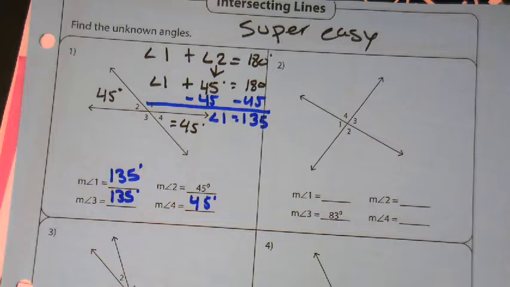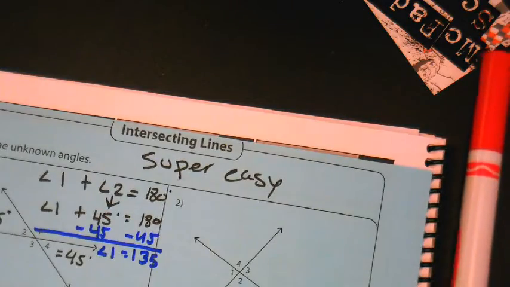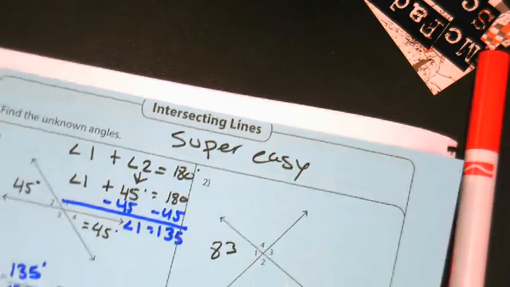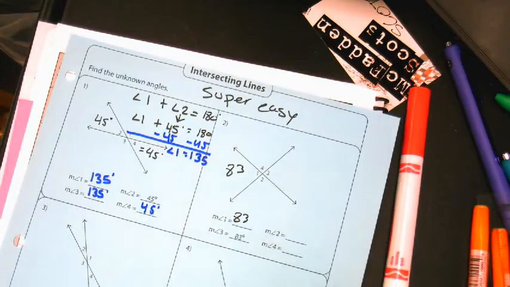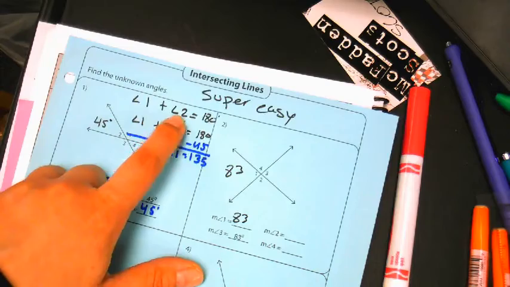Alright, let's work. So, Eddie, pay attention so you know how to do this. You all realize that this is 83, right? That's the easiest part, 83. Now, I want to find angle 2 or 4. Well, I just told you over here, angle 1 plus angle 2 is 180.